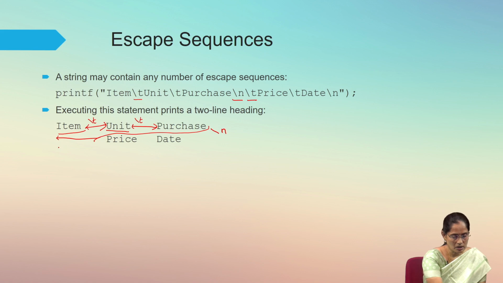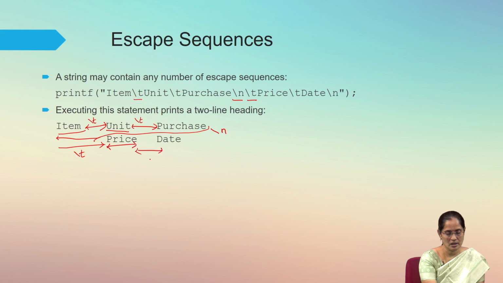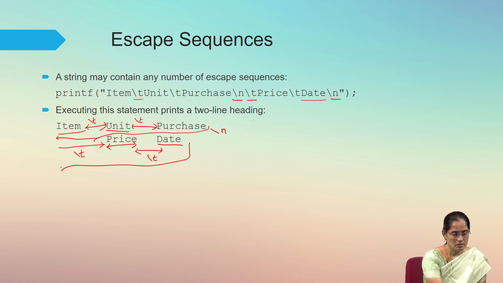So, \t gives again 8 character spaces and then it starts displaying the word price, and then again a \t which gives some tab space, then it displays the value date. Then there is one more escape sequence, new line, which again brings the cursor to the next line.